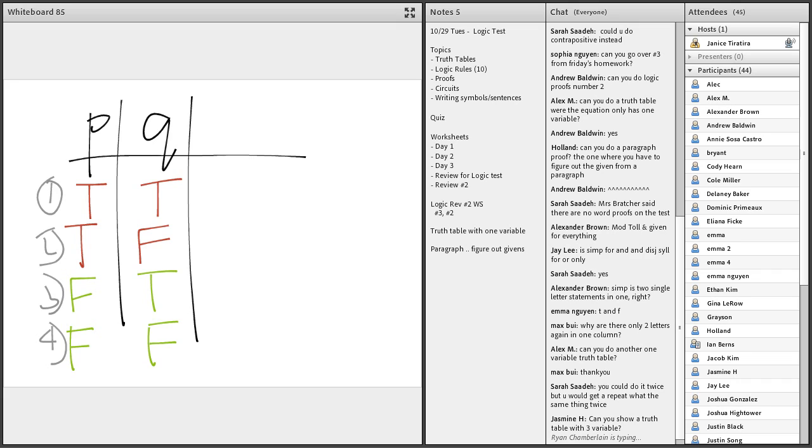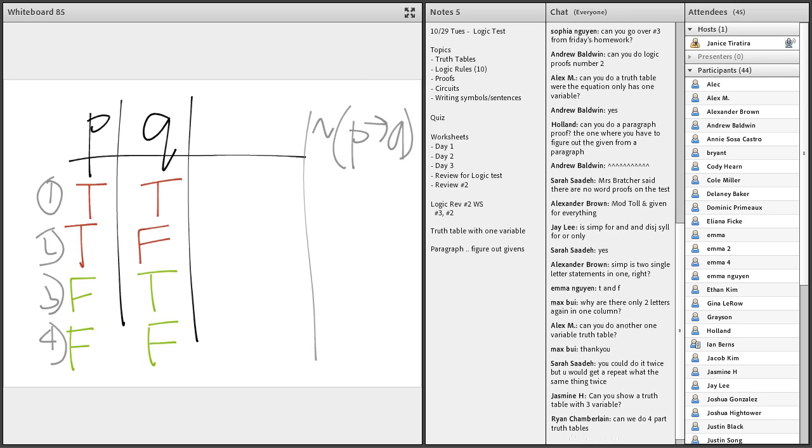And now, let's say the goal is you want to build: it is not true that if P, then Q. From here, you're always going to build what's in the parenthesis first.